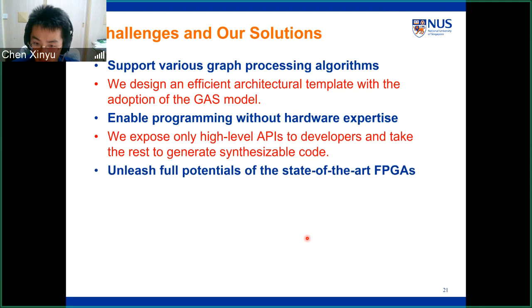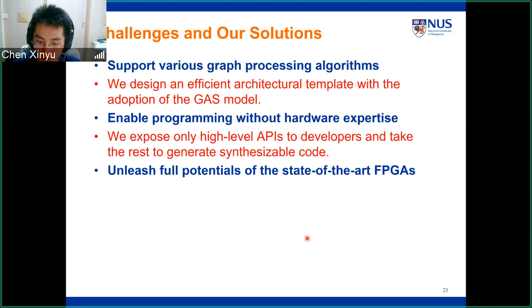Lastly is actually the most important part. We need to unleash the full potential of these state-of-the-art FPGAs because performance is the key. So that's the reason the user wants to use FPGA-based graph processing. And current state-of-the-art FPGAs are very complex.